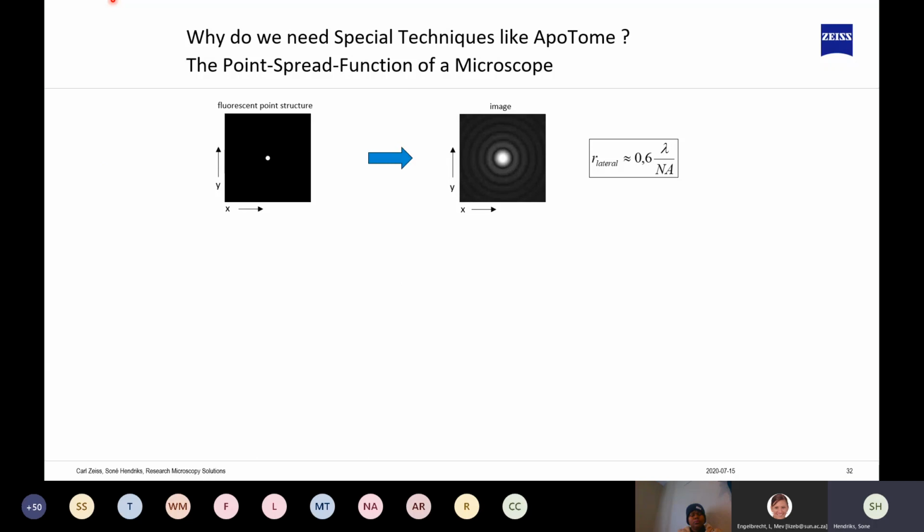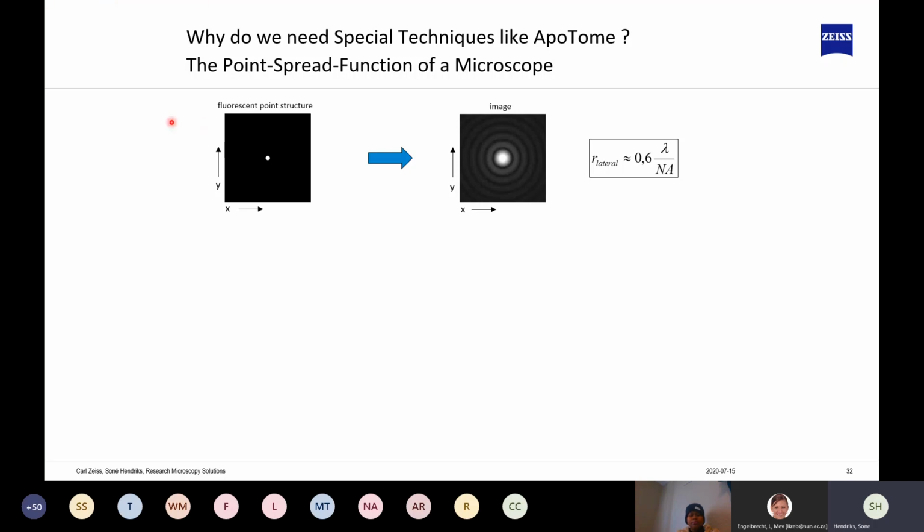First thing is, why do we need special techniques? Forgive the fact that this comes out of a presentation with regards to a specific component, which I will not discuss today. But why do we need to look at different special techniques to image fluorescence? This comes down to the point spread function of a microscope. So what does that mean?